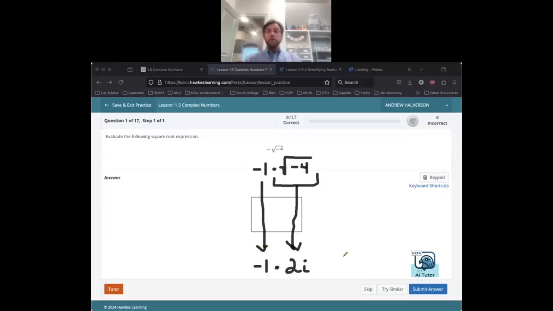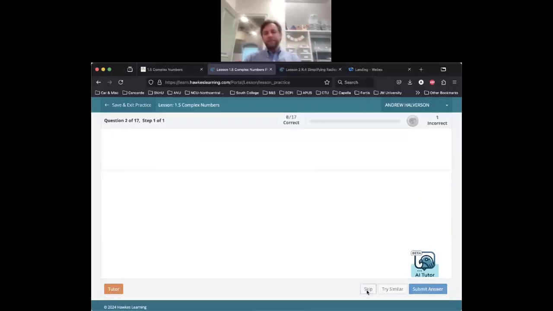And so this becomes -1 times 2I, which is -2I. I just want to keep reminding you that every time you see a minus sign, it really is the multiplication of -1. They're throwing negatives all over the place, and it changes up the process a little. They're testing you on the negatives.